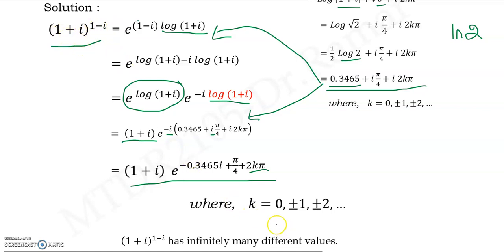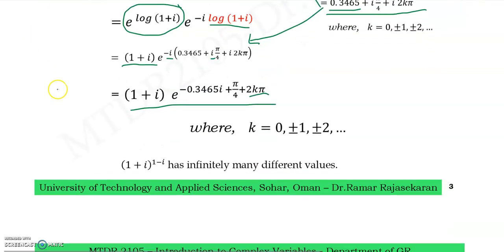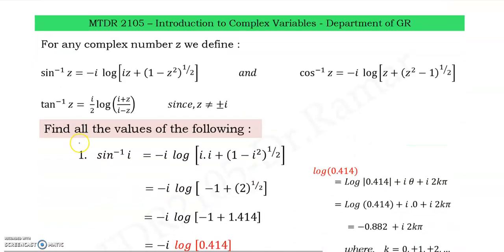For all values of k, you get different values of this term. So (1 plus i) to the power (1 minus i) has infinitely many different values. That's it.